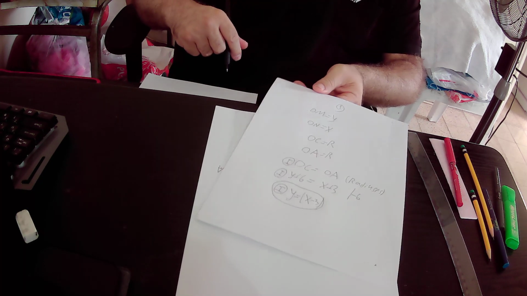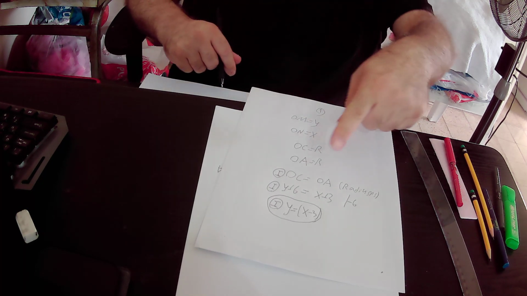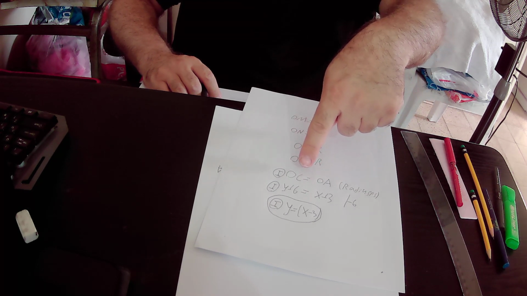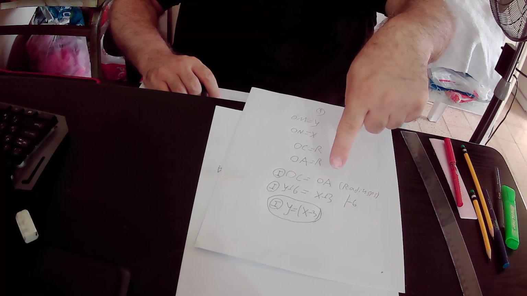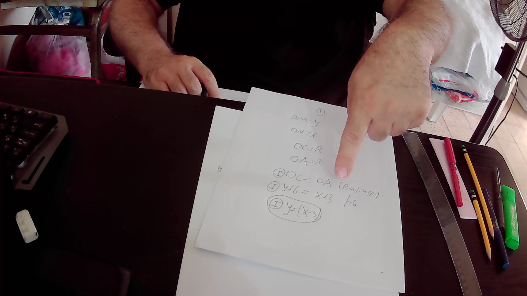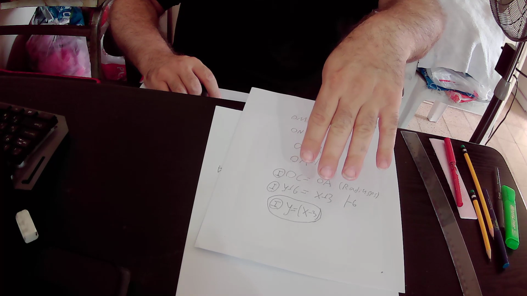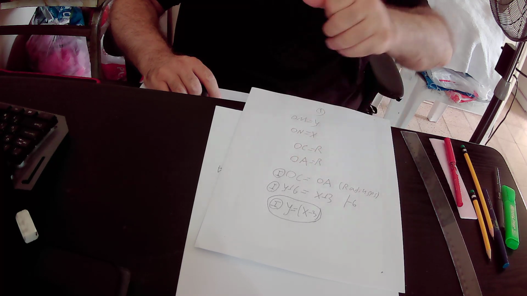So we subtracted 6 from this first equation. We got that y plus 6 minus 6 is y, and x plus 3 minus 6 equals x minus 3. So we got from the first equation that y equals x minus 3.